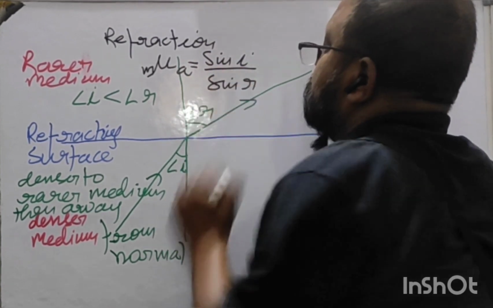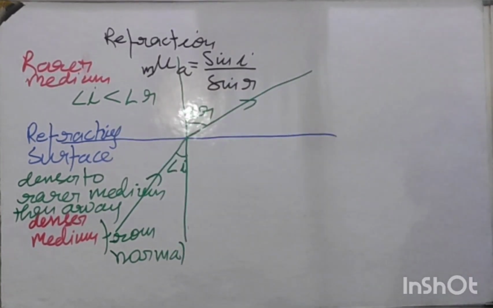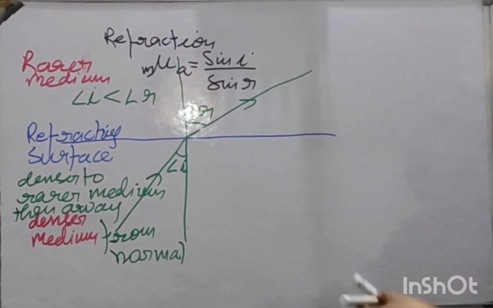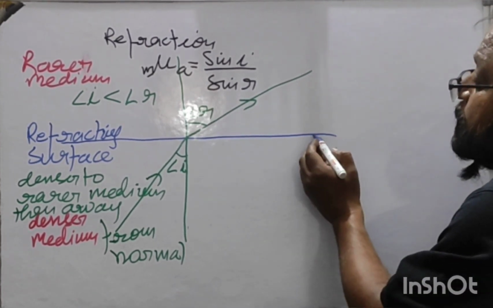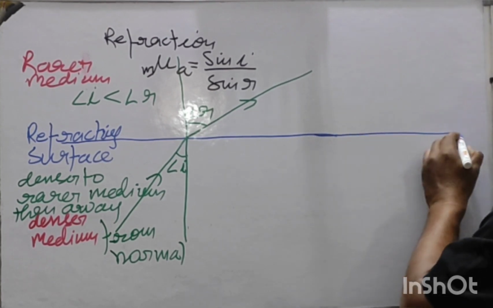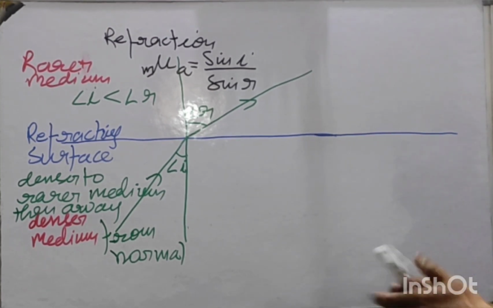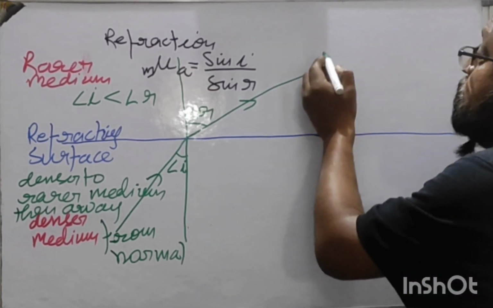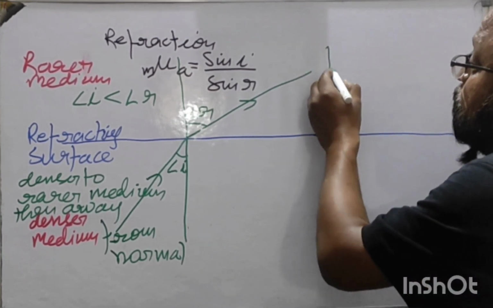This is now another condition we have, which is also very important, that is इस लाइन को मैं थोड़ा और एक्सटेंड करता हूँ इधर की तरफ. So if we take normal, this is the normal we have, right?